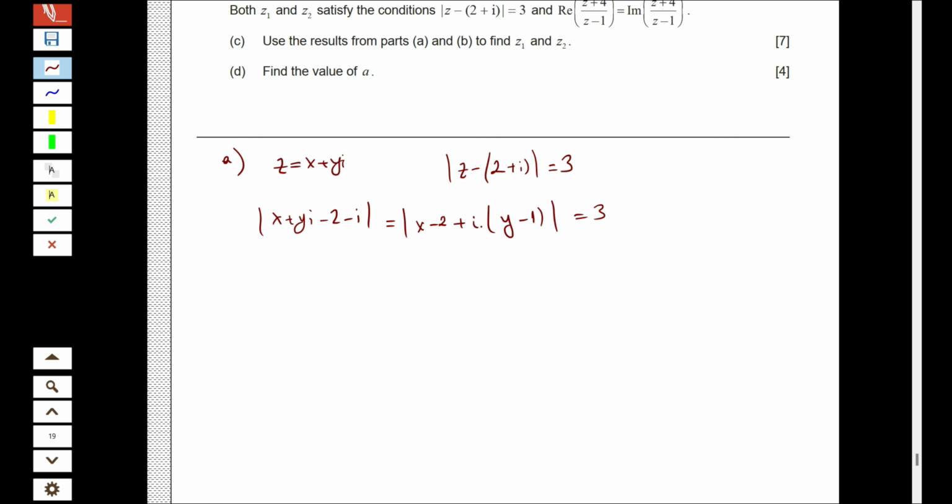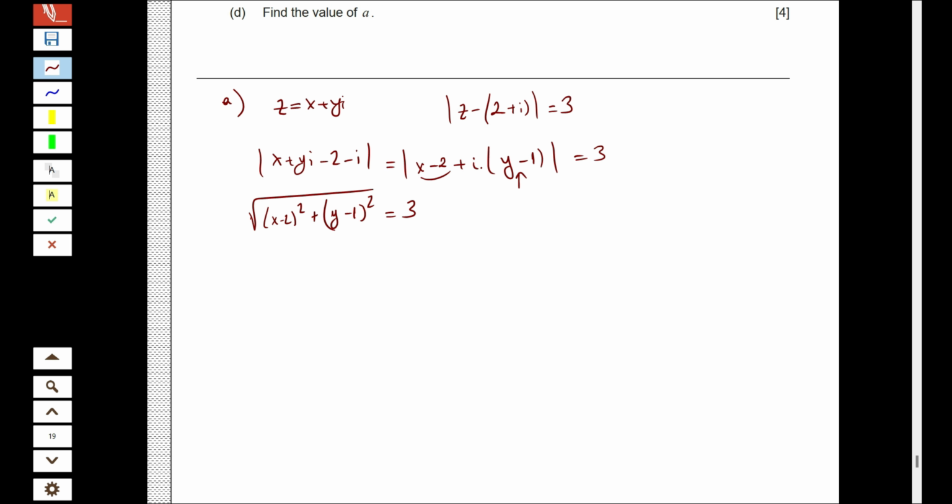So how are we going to find the modulus of this complex number? In parentheses, we will write the square of the real part plus the square of the imaginary part, right? This is going to be 3. It means (x minus 2) squared plus (y minus 1) squared equals 9, right?